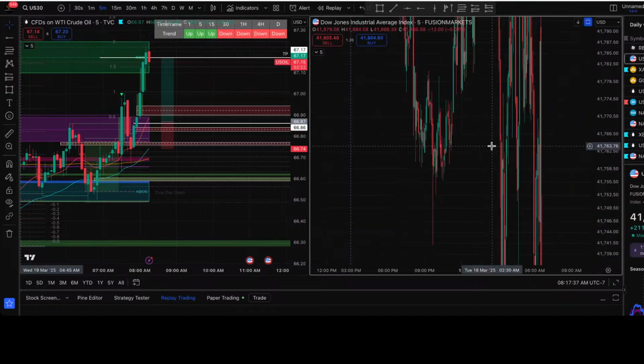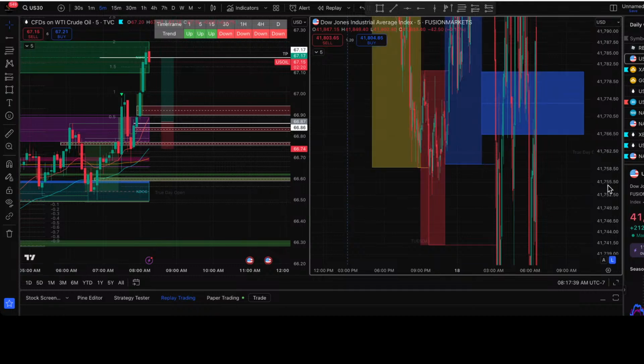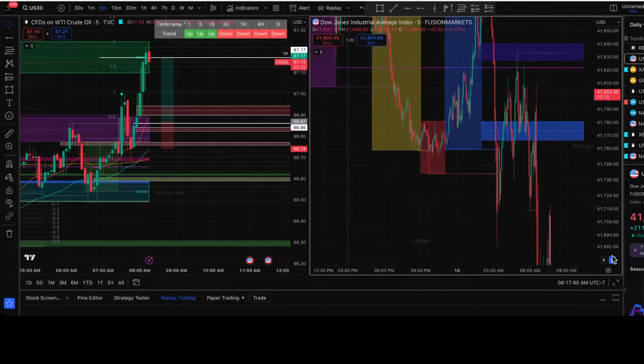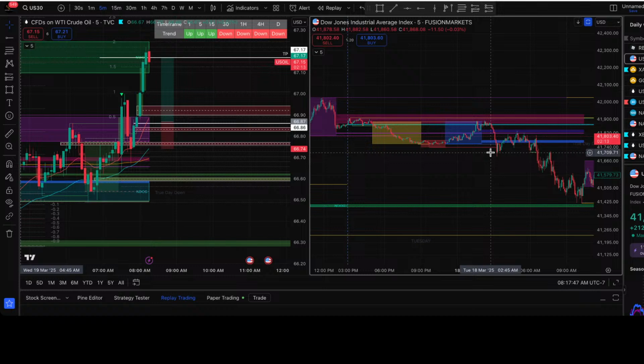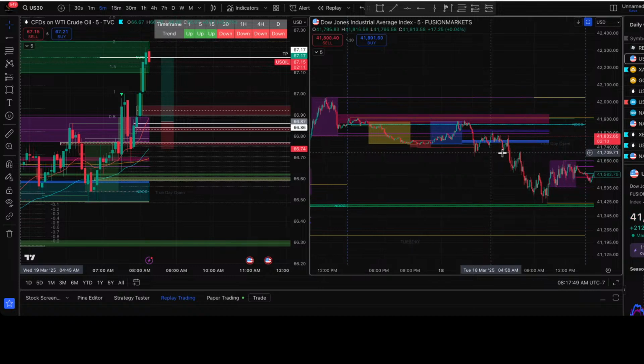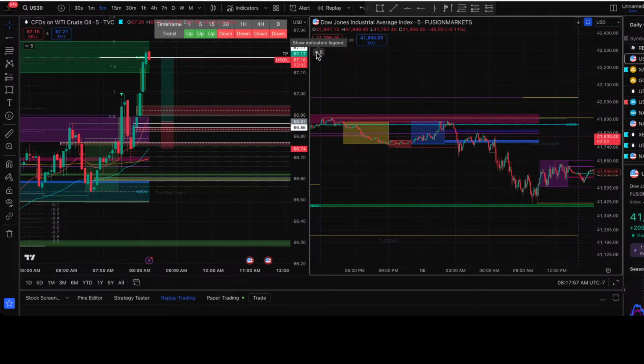We used the spotlight strategy because the market never retraced back to our blue zone. Just kept dropping, very, very bearish. So then we ended up switching to the spotlight strategy.